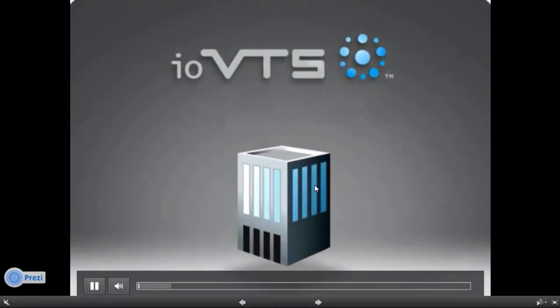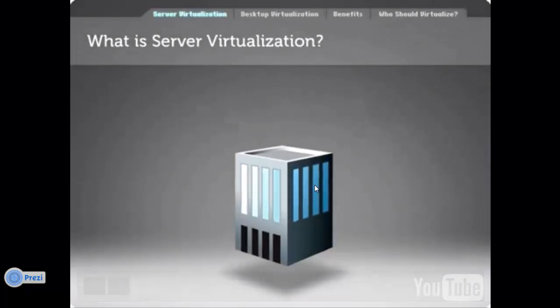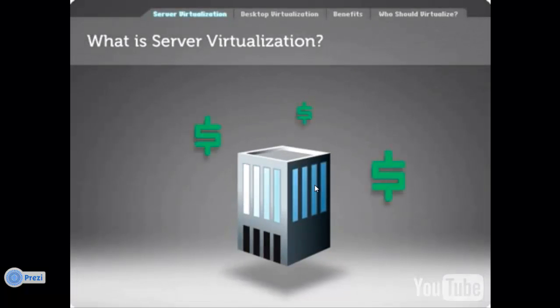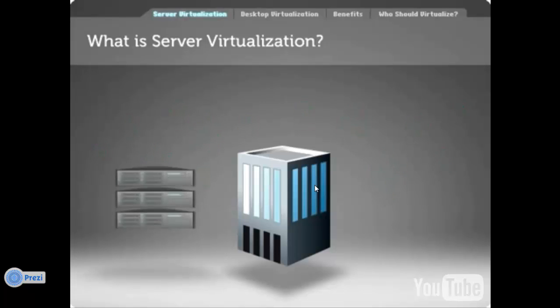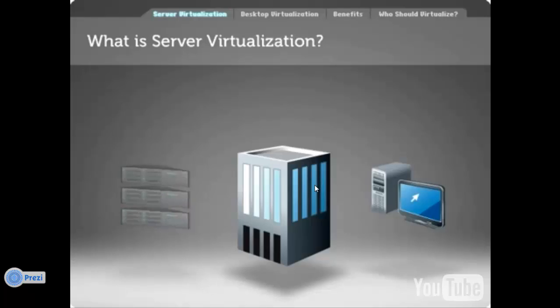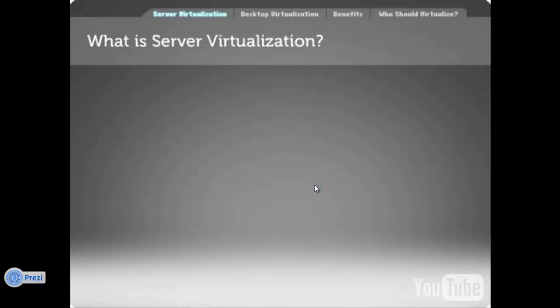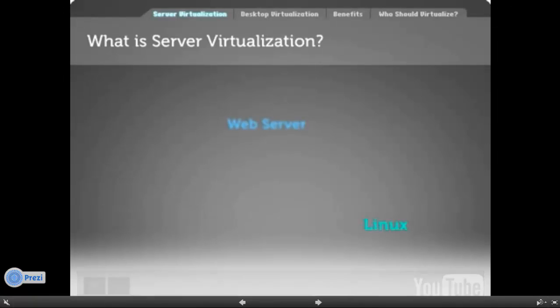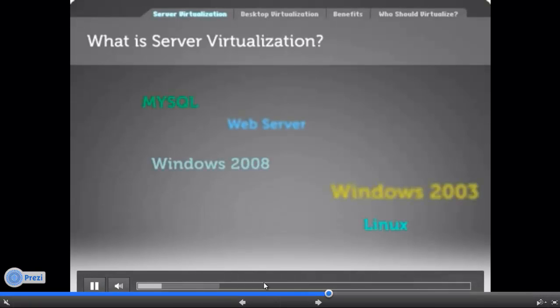Welcome to the IO VTS tutorial. No matter the size or shape of your organization, IO's Virtualization Technology Services Division can help you save money through server and desktop virtualization. But before we get into the benefits of virtualization, we should first break down exactly what virtualization entails.